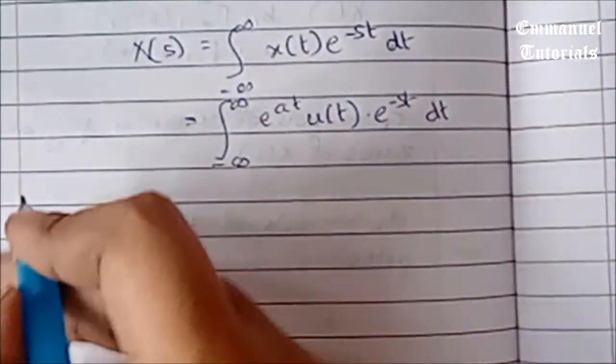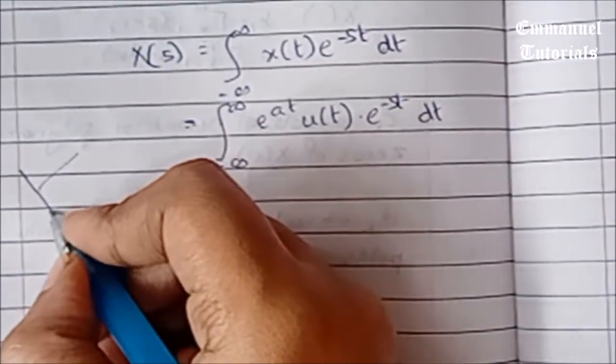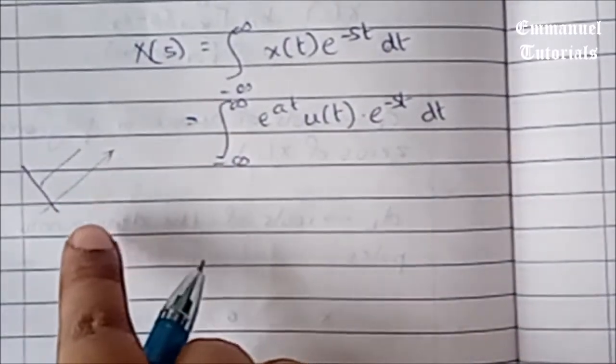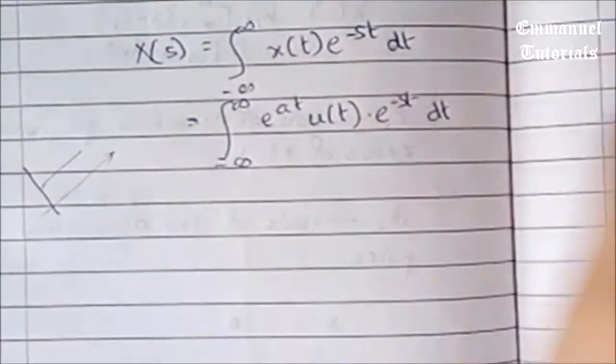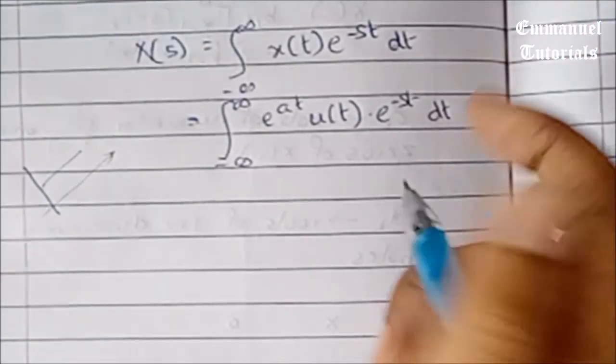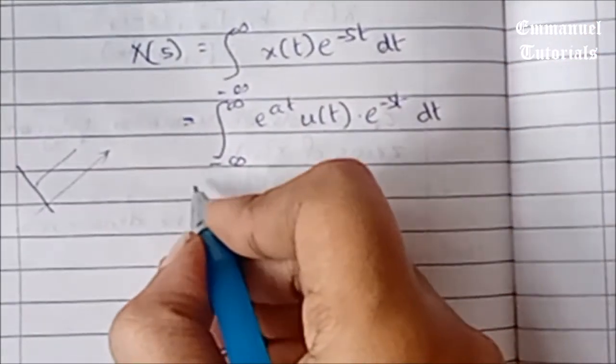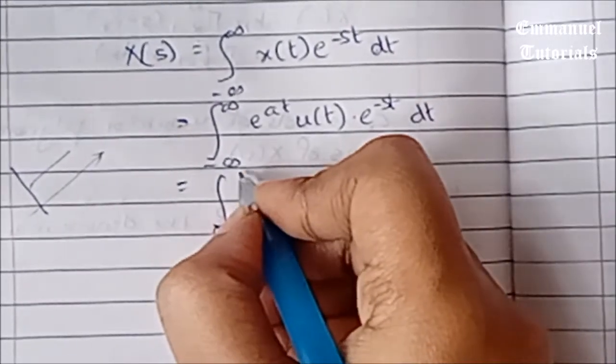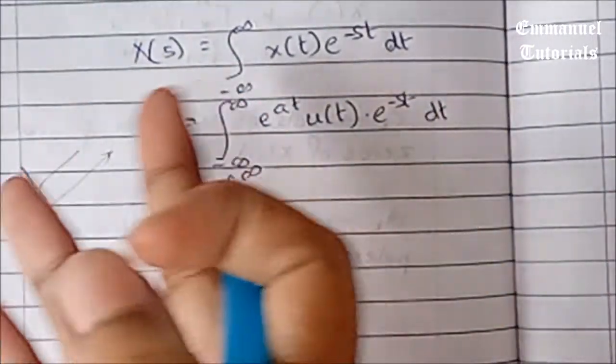Now u of t is a unit step signal. So multiplication of any signal using unit step will give us a causal signal which is extending from 0 to the signal's extreme end. So here our integration limits will change from 0 to infinity because anyways the signal before that is going to be 0.